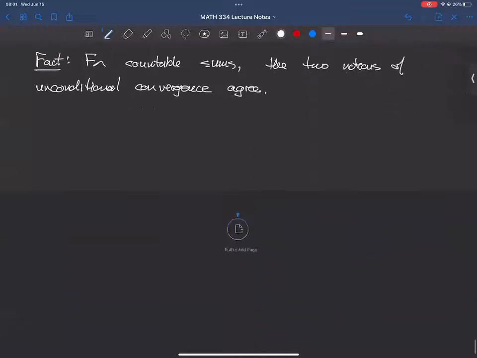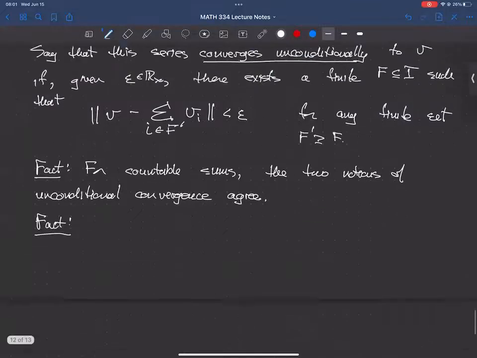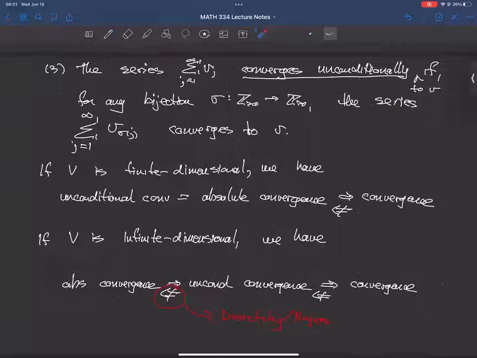And so notice that arising from this, if I apply my observations here for finite dimensional series, I have that unconditional convergence is equivalent to absolute convergence.